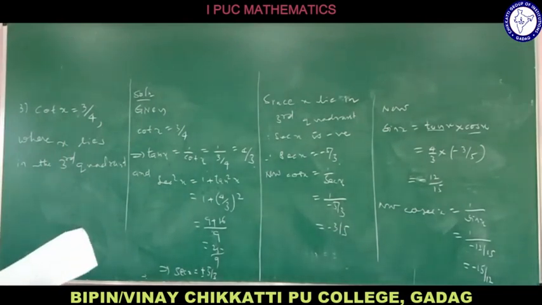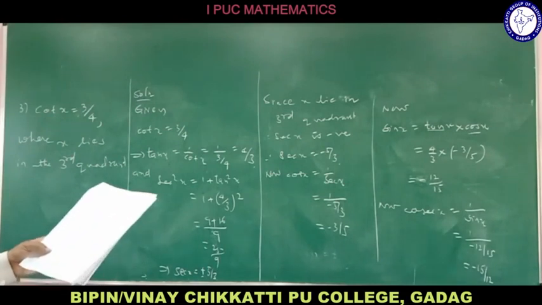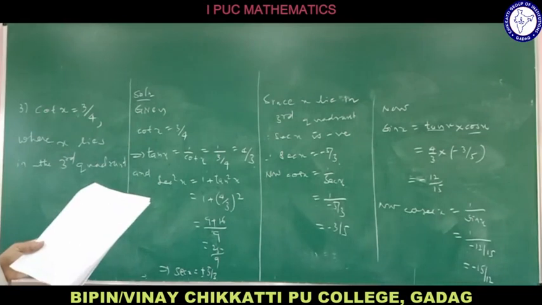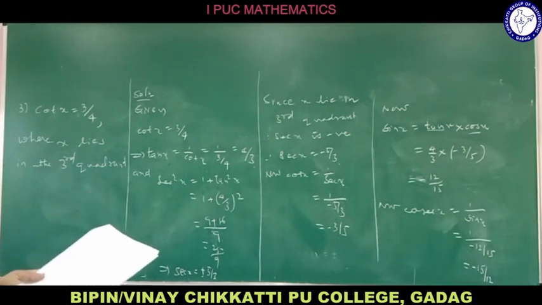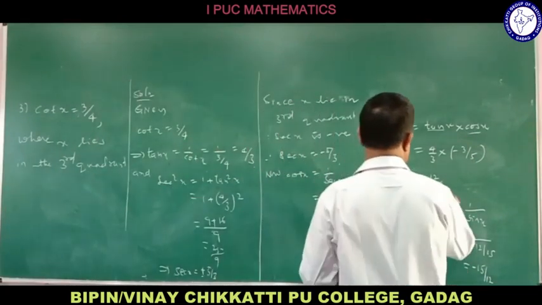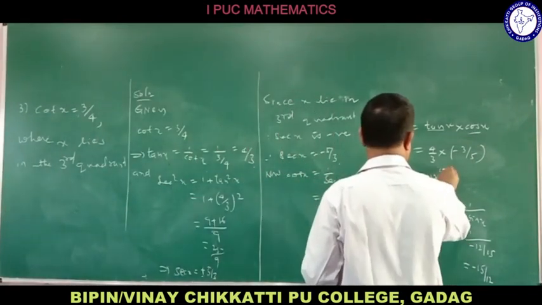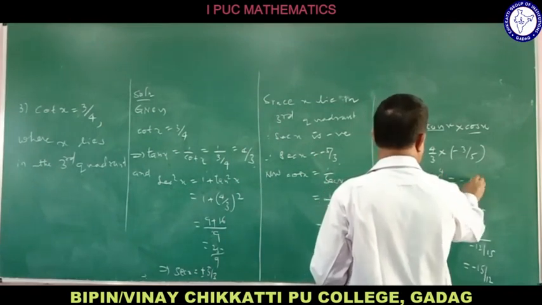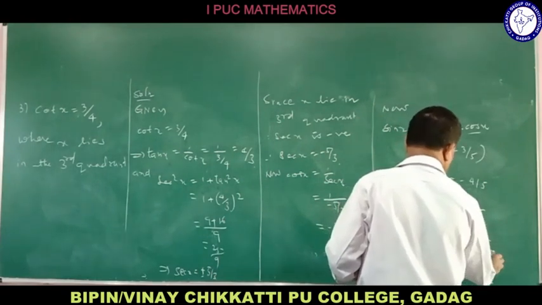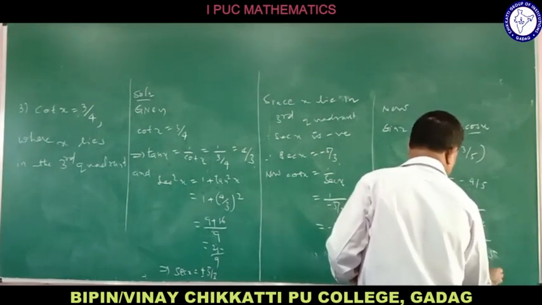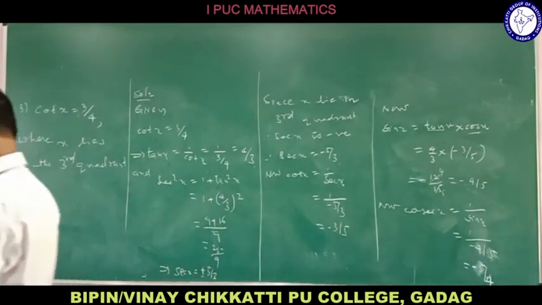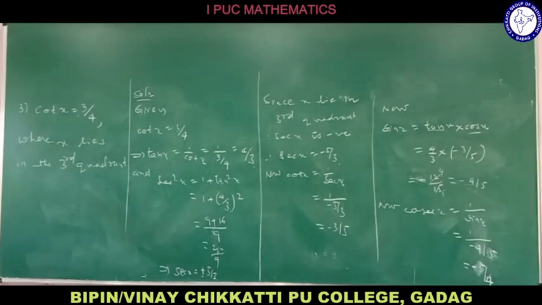But when you are going to find out the results here, ultimately you will find that sin x is minus 4 by 5, and here also you can write the same, 4 by 5, and this is 5 by 4. Only simplification is left out, and that is the way how you can write the result.